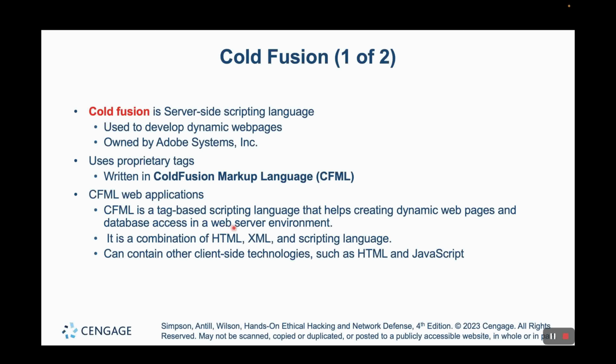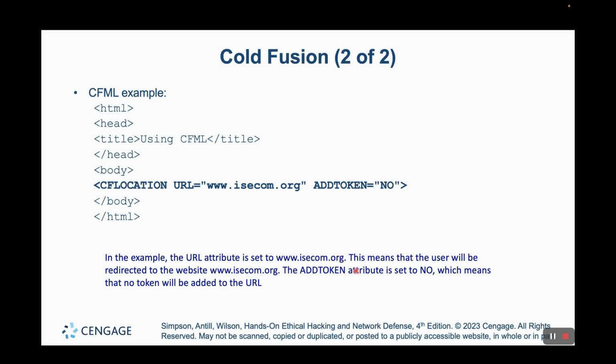It is a combination of HTML, XML, and scripting language, and can also contain other client-side technologies like HTML and JavaScript. Now, if you look at this example here for CFML, here you could see the CFLOCATION, URL, and ADDTOKEN set to no. In this example, the URL attribute is set to this domain name.